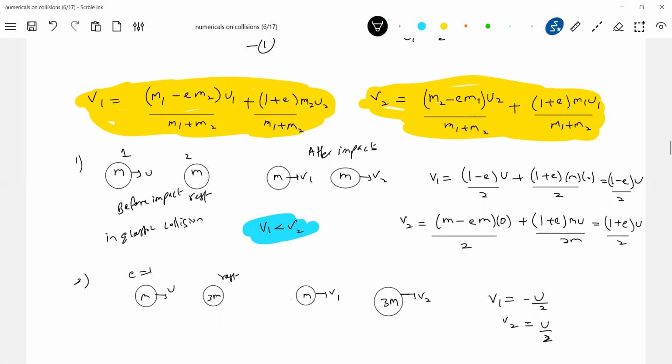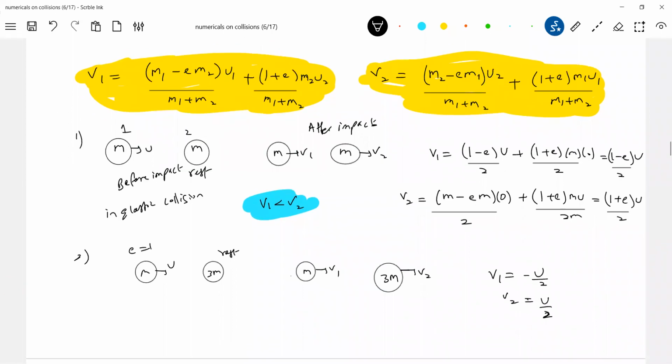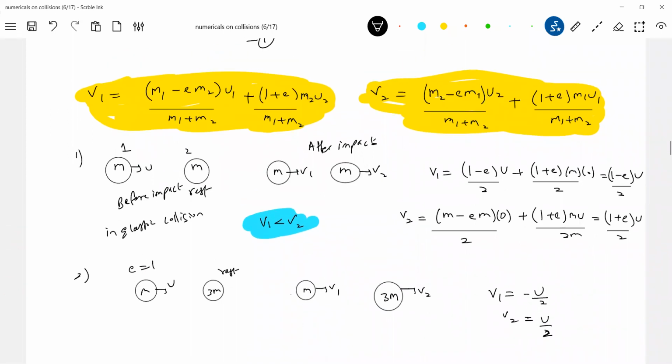Like that, you'll get several situations. When a lighter object collides with a heavier object, what happens? The lighter object should rebound. That's what this equation says. Now, is it possible where the first object will come to rest after impact? Can we adjust any value?